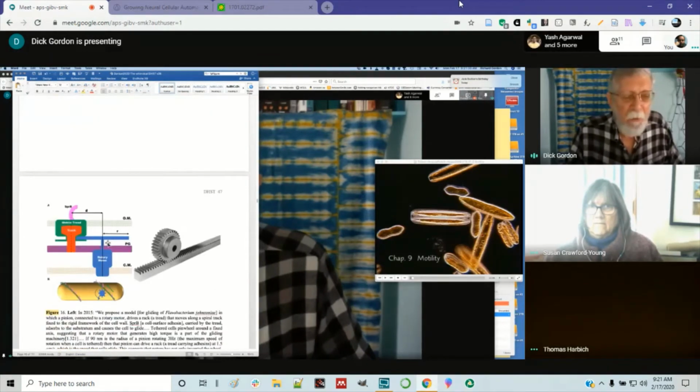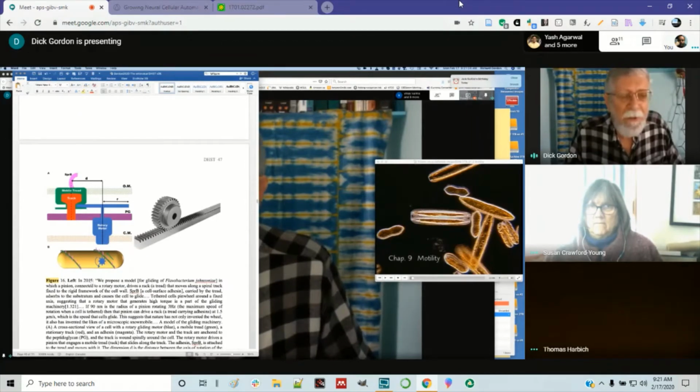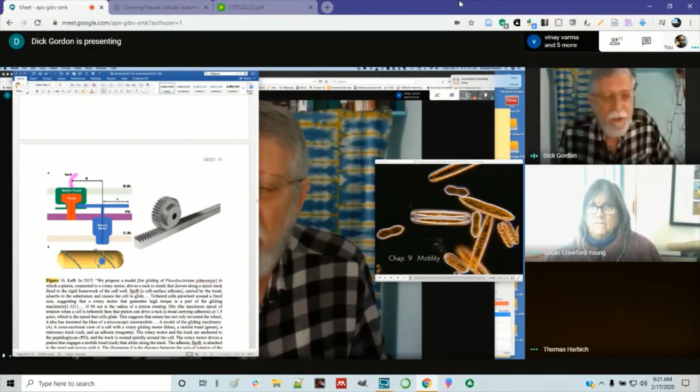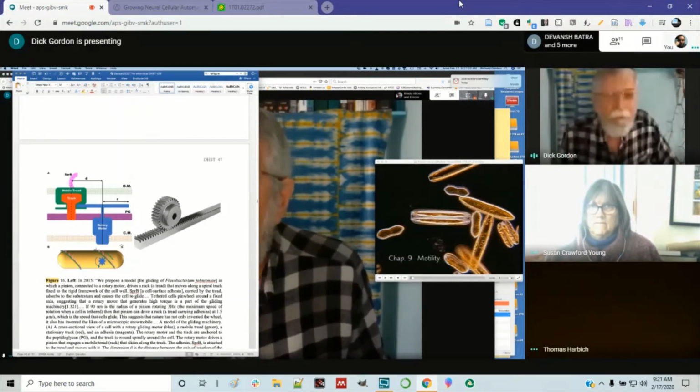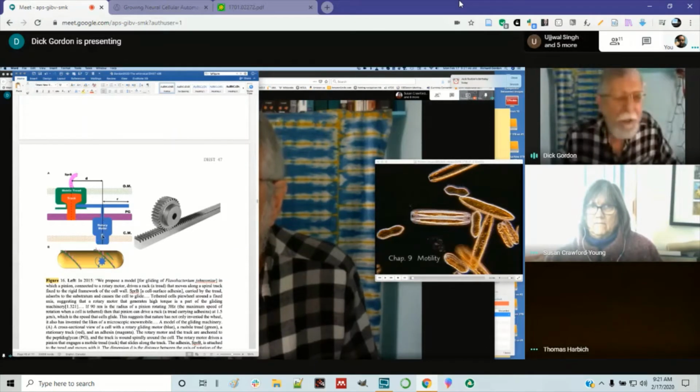Now, weirdly enough, in 2015, a model was proposed for another organism, bacteria, with a tread on it. And they literally have a thing sticking out here, which rotates and is carried on a track and has a rotary motor next to it. These are all at molecular level.